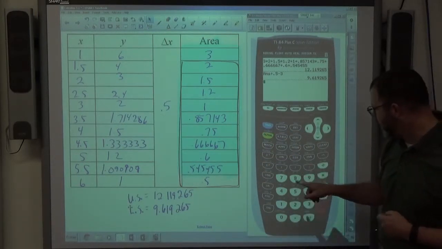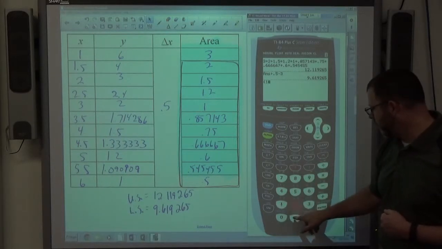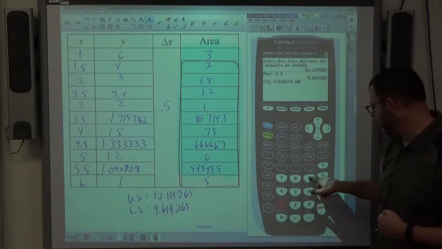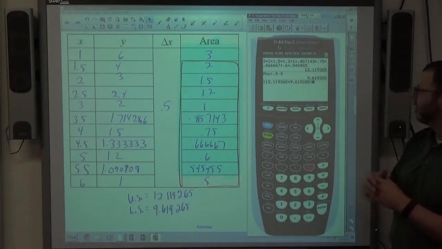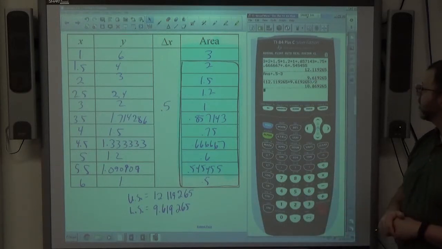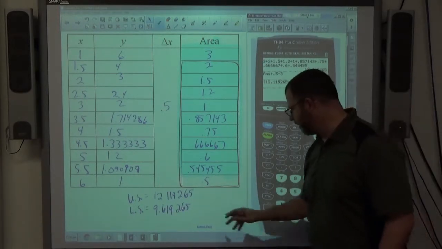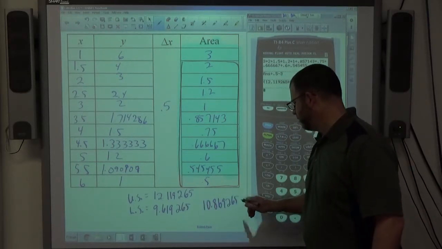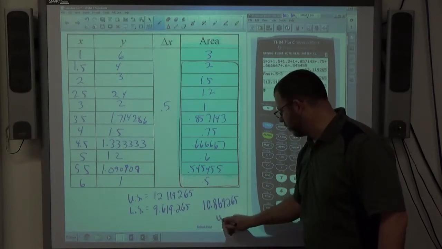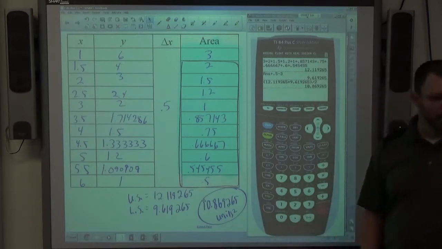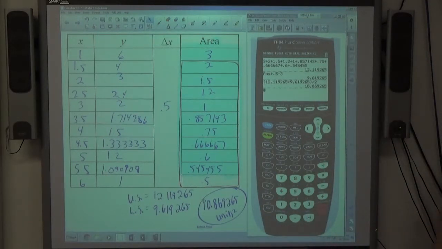So if I just take parentheses 12.119265 plus 9.619265 in parentheses, take that entire sum in parentheses and then divide by 2, it comes out to 10.869265. And that's square units. That's the entire technique done correctly.